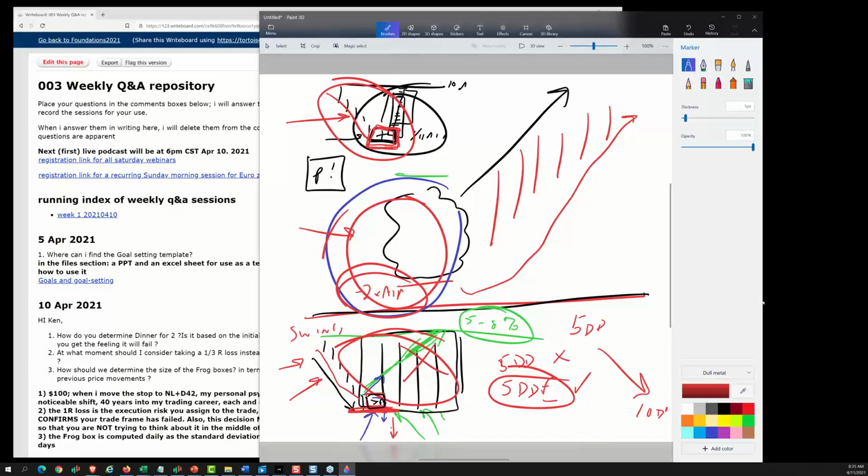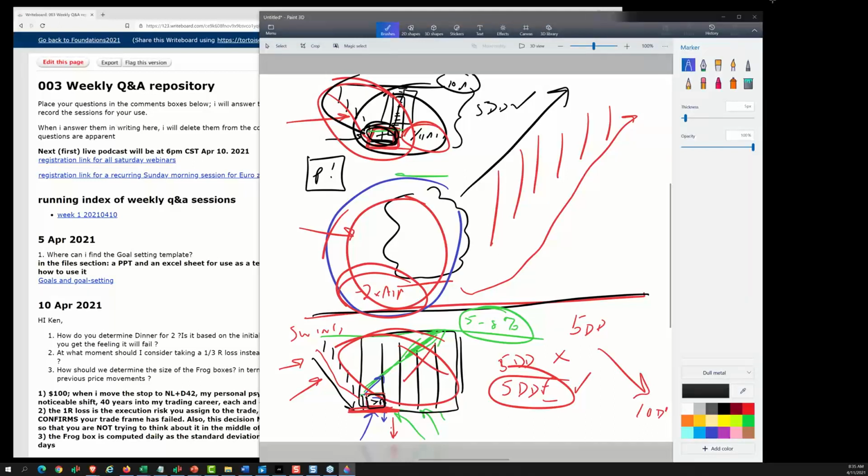That's the mechanical entry, 5 cents above yesterday's high, and the exit is 5 cents below yesterday's low. So you want that about a quarter of an ATR. So if you get a 5DD plus a very tight range on the last day of losses, then you have an ideal 5DD because it gives you the 10 execution R compared to your risk.